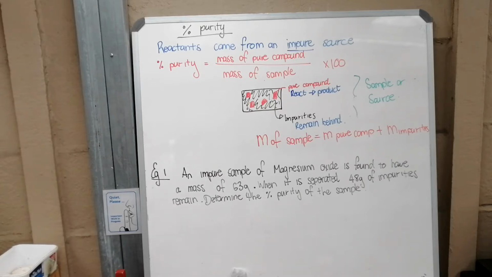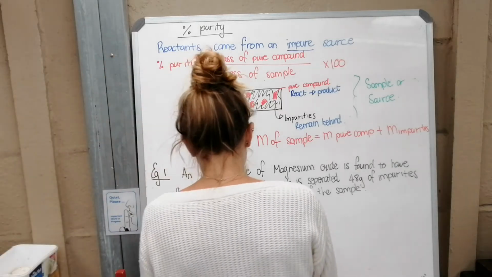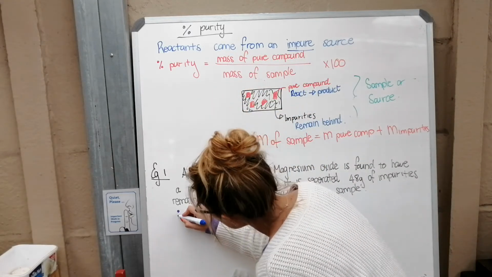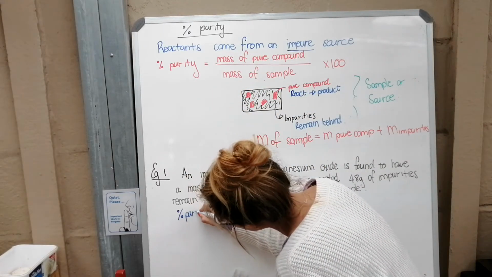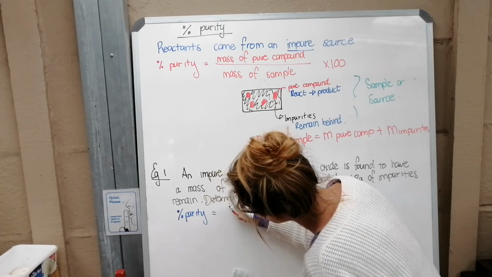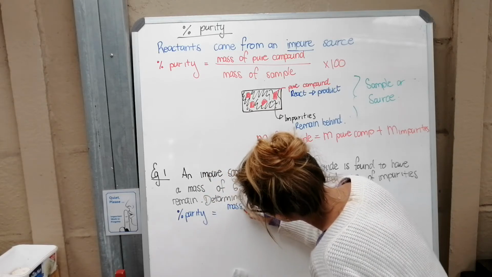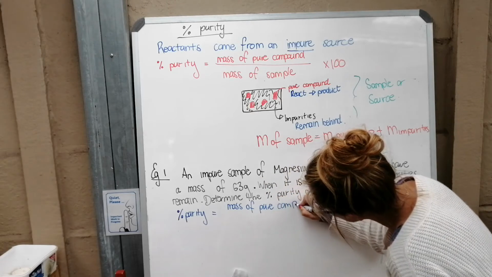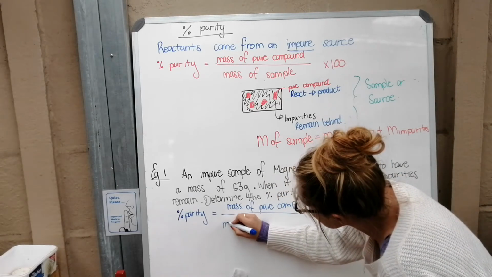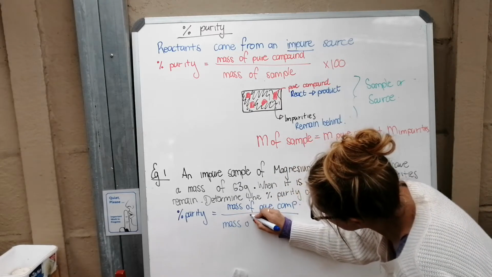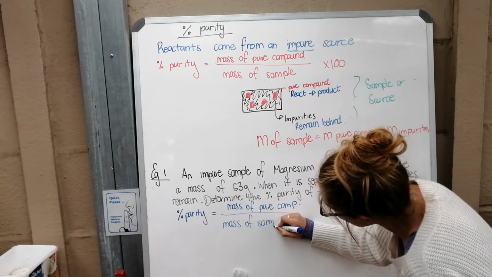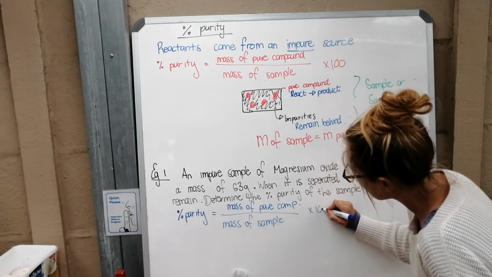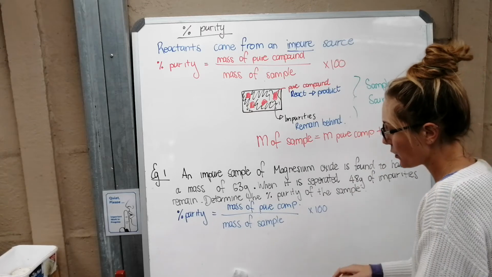In order to do this, we know we're going to be using the formula: percentage purity is equal to mass of pure compound over mass of sample, and then times that by 100. Now let's see what we have and what we don't have.